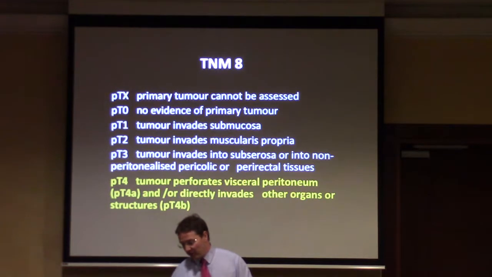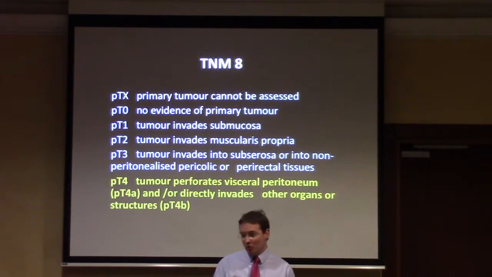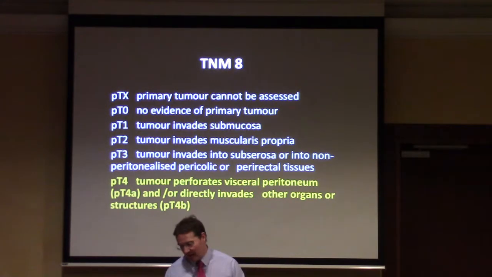So usually serosal penetration will come before adjacent organ involvement, with the exception of low rectal tumours that maybe don't ever get into the peritoneal cavity but do infiltrate into adjacent organs such as vagina or bladder.